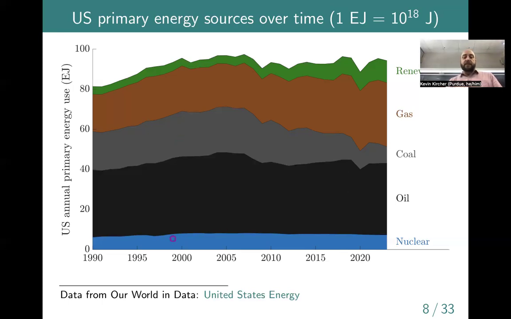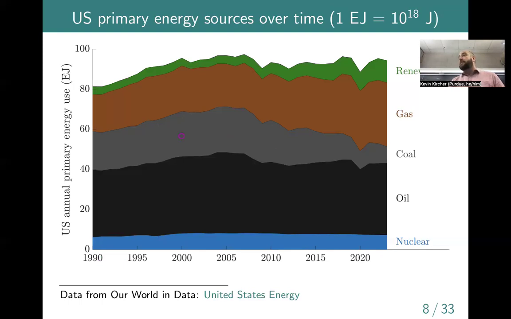Anyway, you can see over time here from 1990 to I think 2023, we have nuclear in the bottom here has been roughly constant. We haven't built a lot of new nuclear, a little bit, but also we've had some nuclear retirements, and so this thing stays roughly flat. Oil also has been roughly flat in the US.